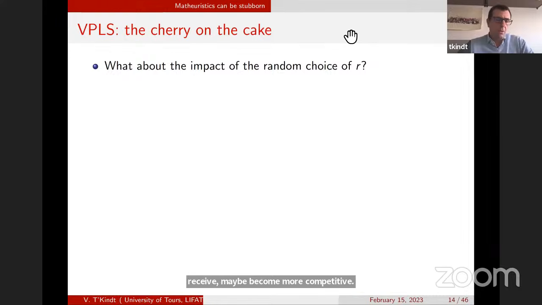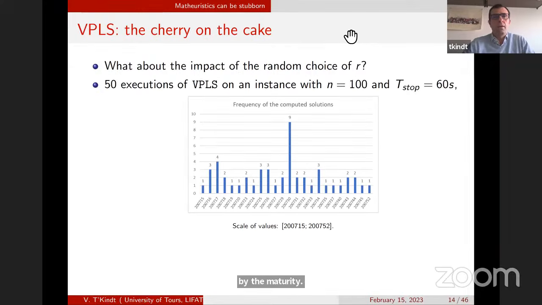Now we have to ask ourselves, what is the impact of the random choice of R on the solution that is computed by the Matheuristic? So to do that, I ran the Matheuristic around 50 times on the same instance with 100 jobs, and I just stopped after 60 seconds. And in this chart, you can see the distribution of the values of the solutions that I obtained.